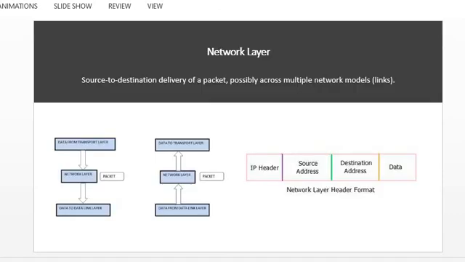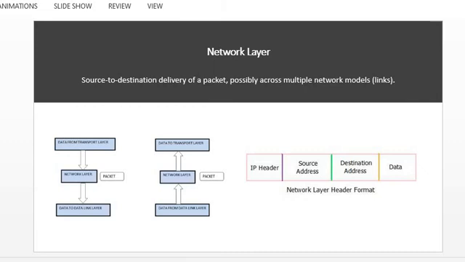Then we go on to look at the network layer. So the data link layer oversees the delivery of packets between two systems on the same network. The network layer in a network model ensures packets get from one point to the other. So it ensures that packets are delivered from the source to the destination.